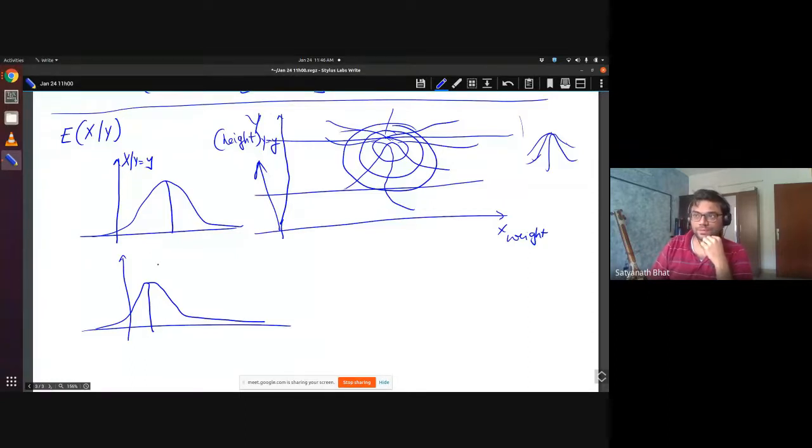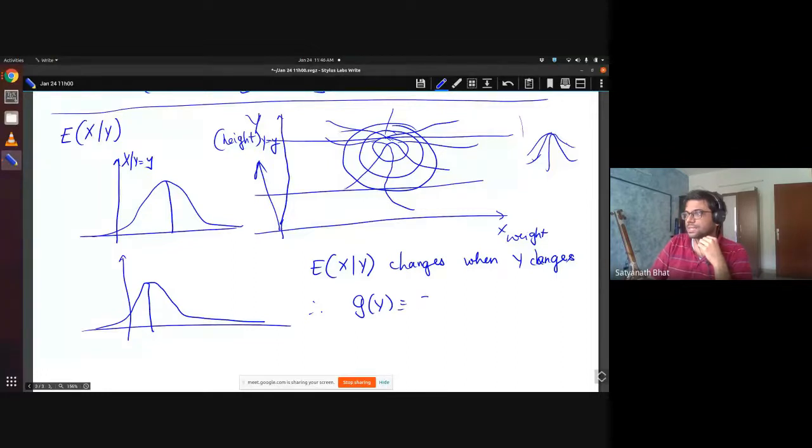And now when you vary y, the expected value of x given y changes. So the expected value of x given y changes when y changes. Therefore, you can treat the expected value of x given y as a function of y.